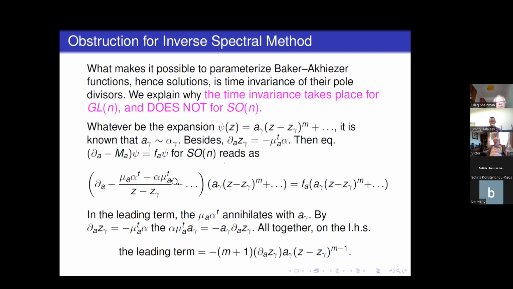So only the derivative of the first term of psi and the product of this term by the first term of psi are of significance.